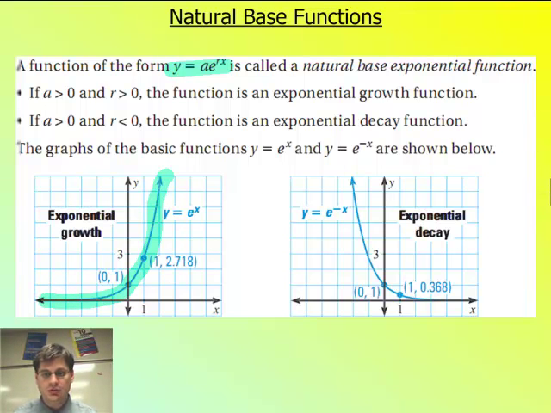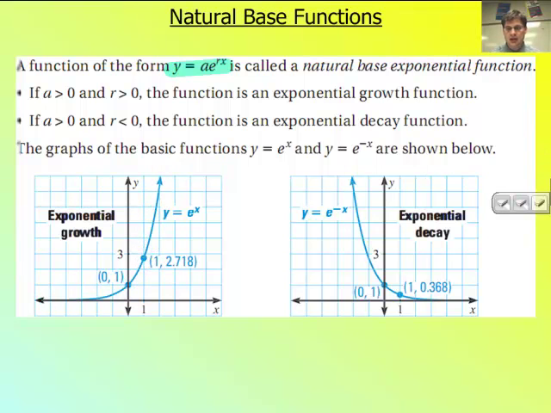If I were to give you an example of what one would look like, one example might be y equals a, except my a value, let's do something like 1/3, e to the power of, we'll say, 2x, and so this r value is greater than 0.